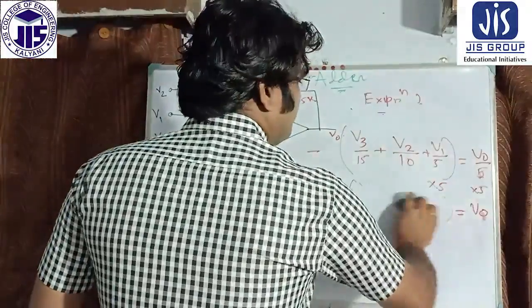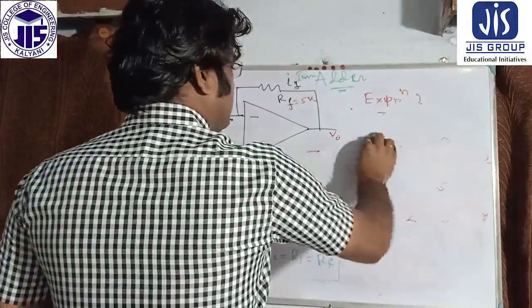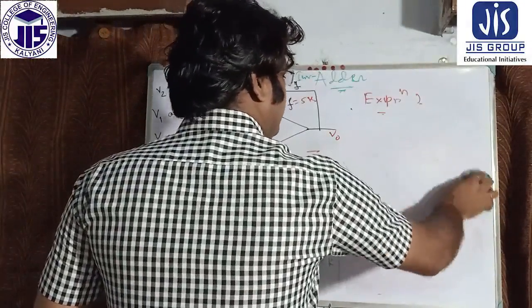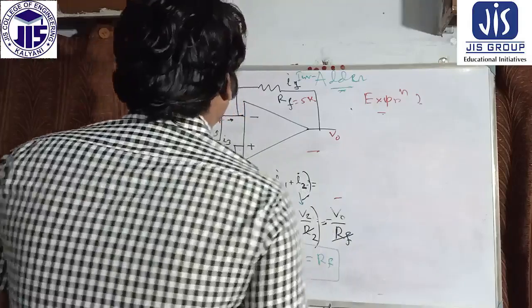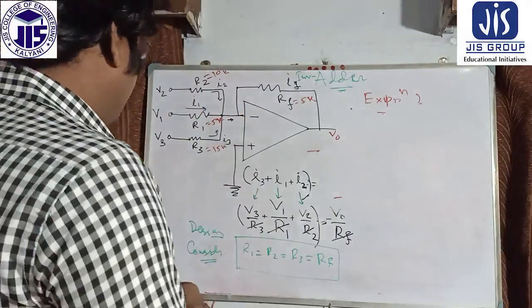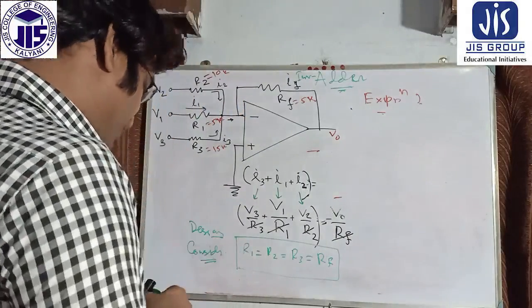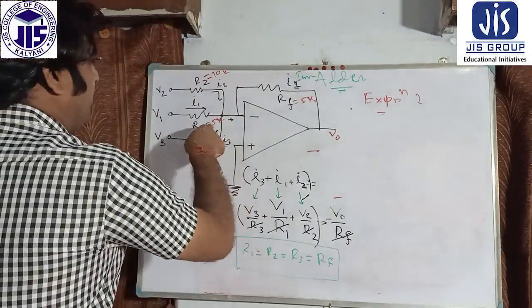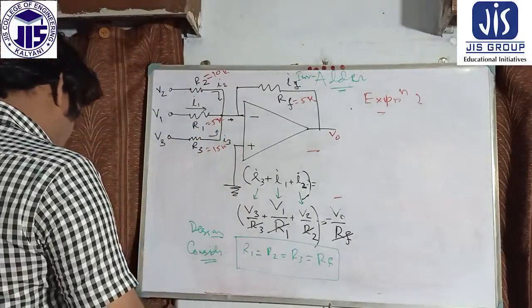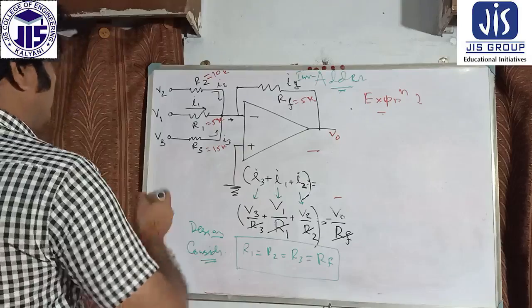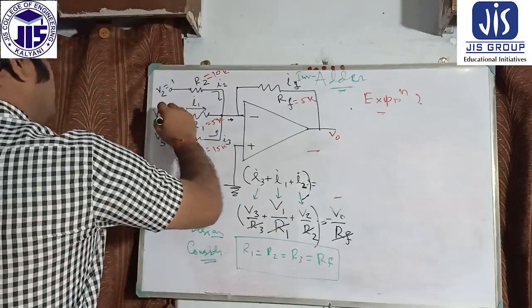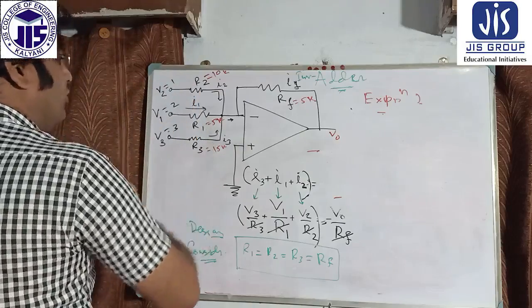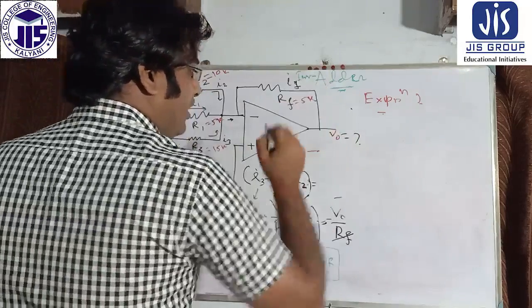Or suppose another problem. Suppose there is 10k, there is 5k, there is 15k, and here it is 1 volt, 2 volt, and 3 volt. Then what will be V naught?